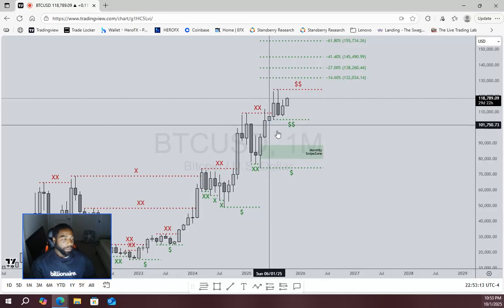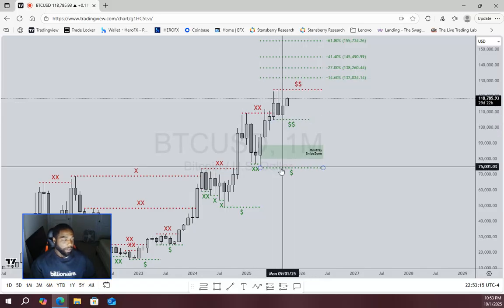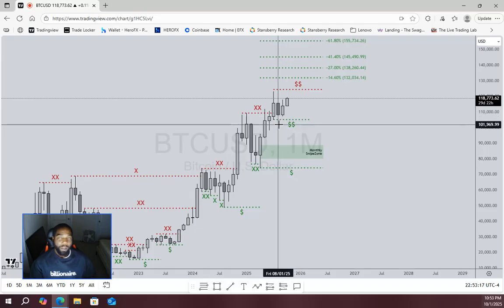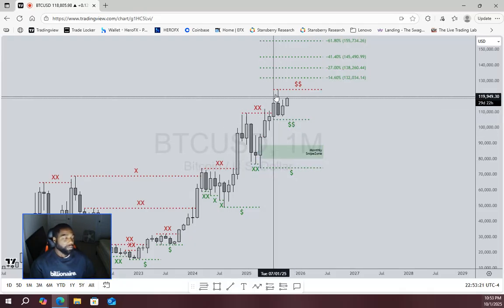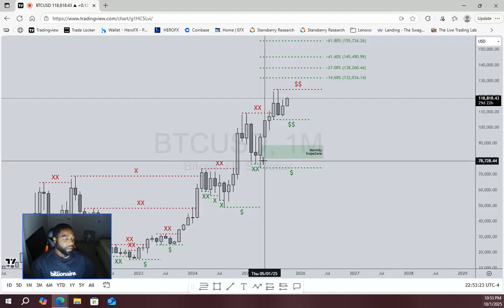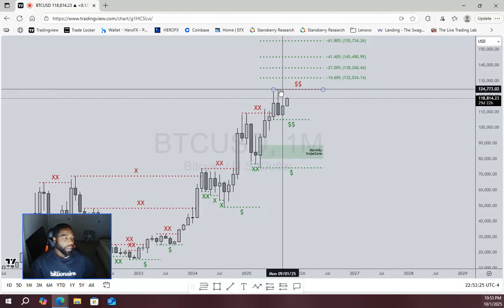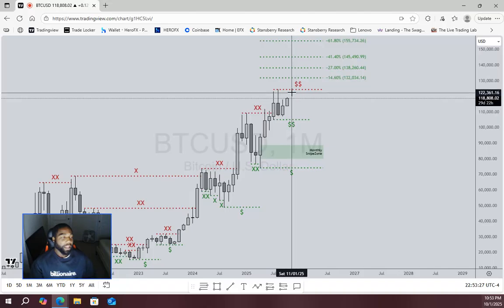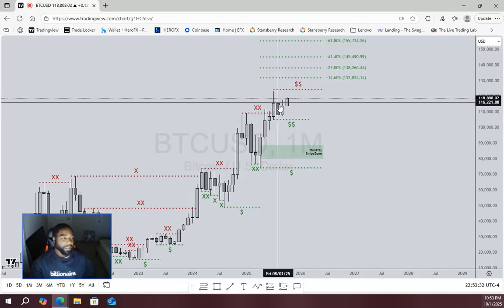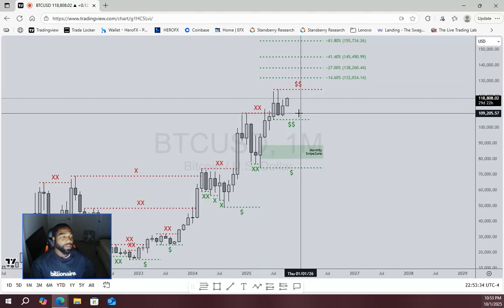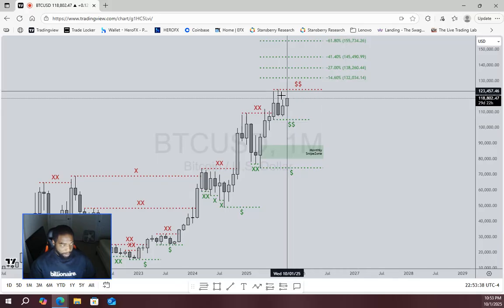So to determine what price is doing here, as we can see, we know what phase the market is in. Look, price encountered this bullish expansion, this expansion phase, and now price is what? In a retracement phase. So since price is in this retracement phase, we want to read the retracement.